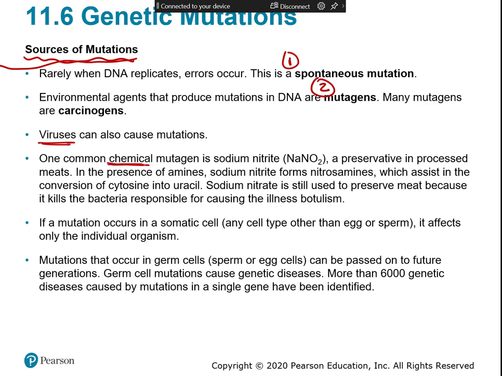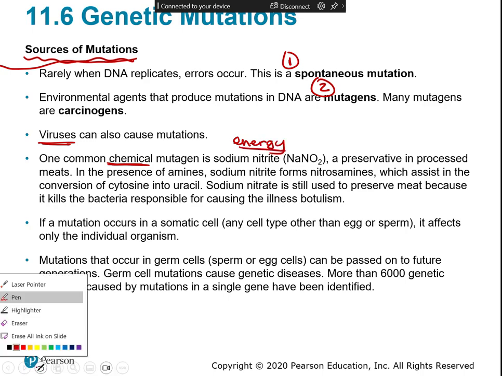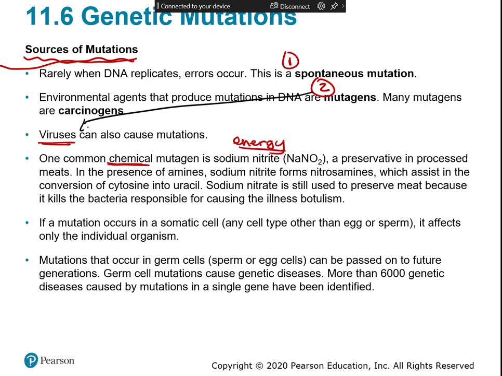Chemicals can cause changes in the DNA of the cell. The other one is energy. Those are sort of the ones that can cause mutation. Viruses can cause mutation. Chemicals.